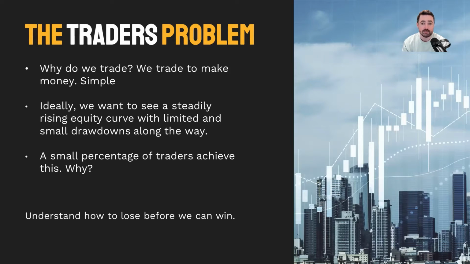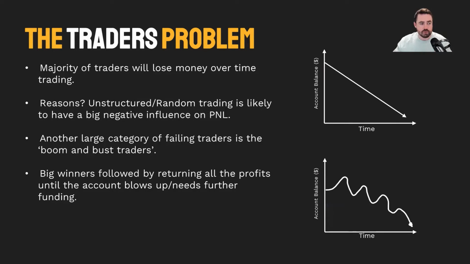However, as many of us will know, a small percentage of traders achieve this. Now, why is that? And we'll discuss that very shortly. The point I want to make is we've got to understand how to lose before we can even think about winning. Now, if we talk about some of those problems that traders have, the majority are just going to lose money over time.